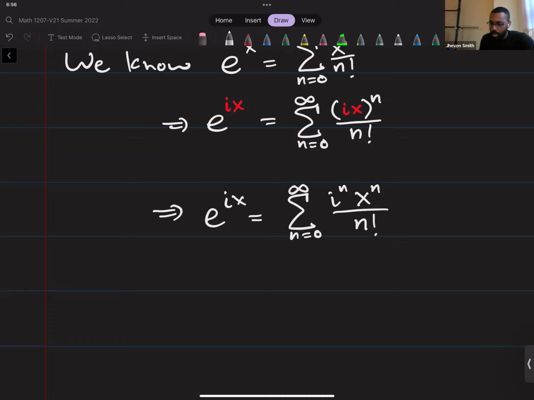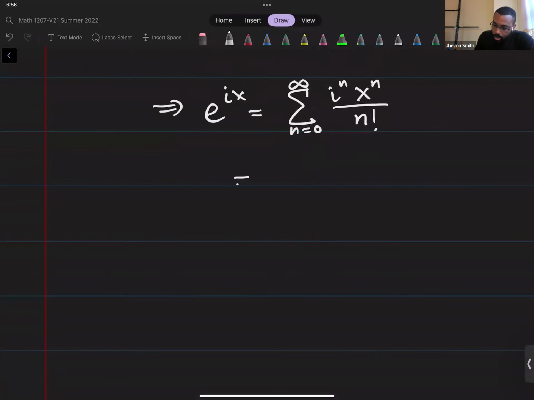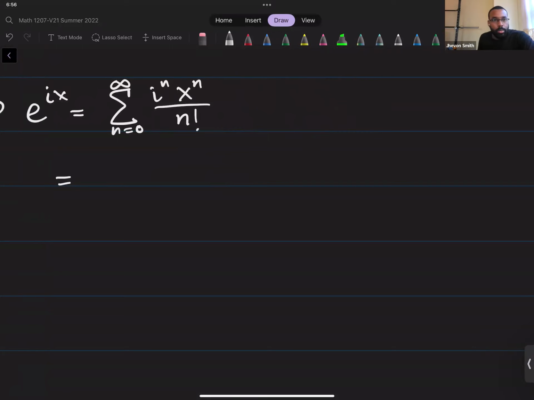Okay, now what can we do with that? Well, let's write out a few terms. Let me just write out without plugging anything in, except for the n's. Obviously if n is 0, I just get 1. If n is 1, I would get ix over 1 factorial.